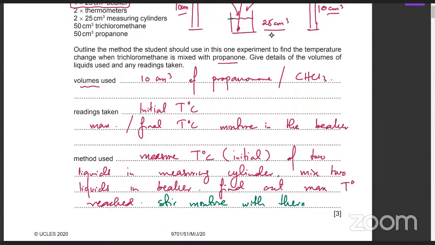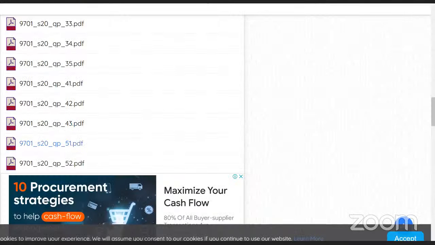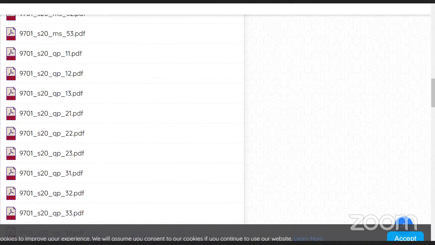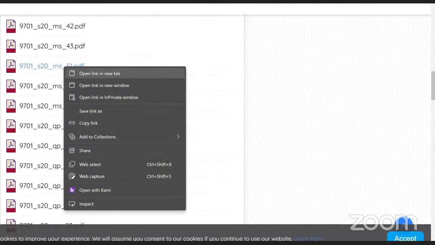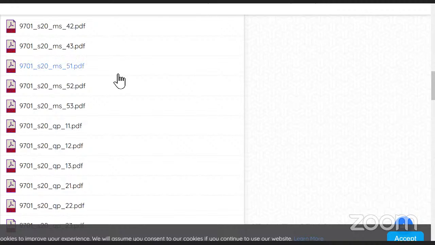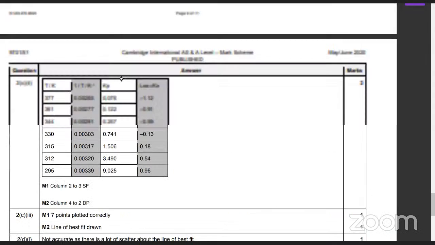I mean, you can check the marking scheme. Probably they would have written a very simple explanation. But okay, let me just, which one was it? I missed just a second. Is this the one?